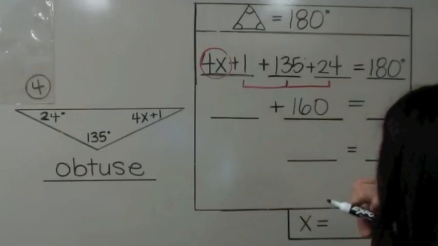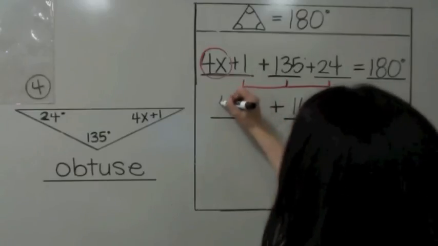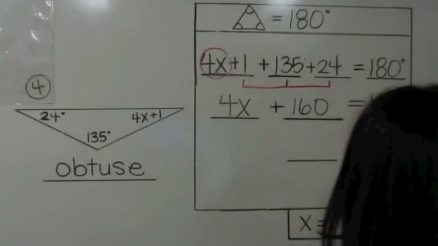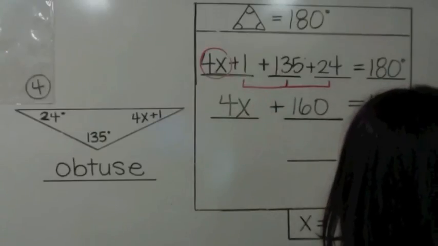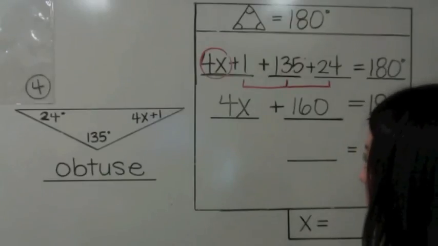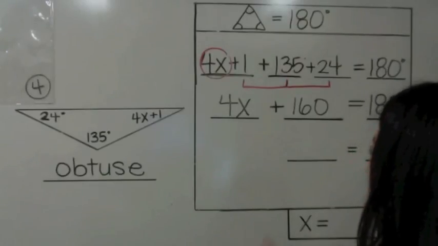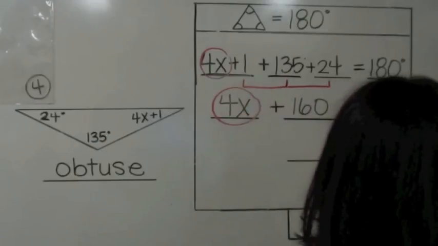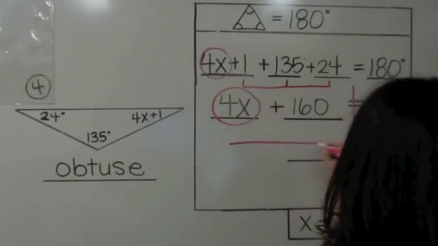Great. Okay, so bring down that 4x and also the 180 degrees. All right? Perfect. So we need to now solve for what x is. So we're going to circle 4x, we're going to make a T, and then what do we do to both sides?